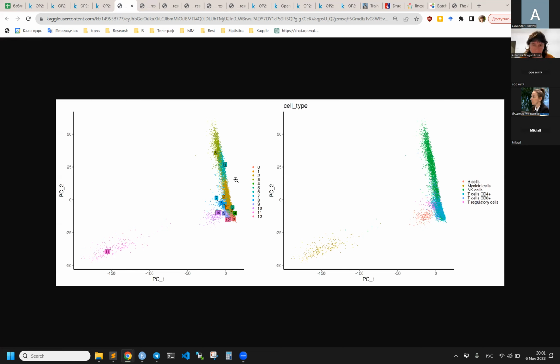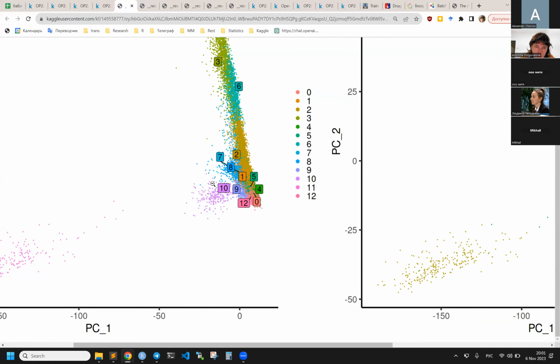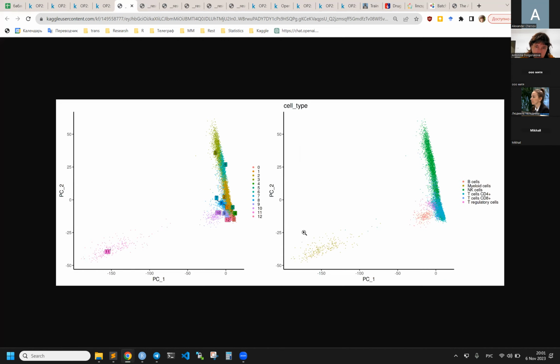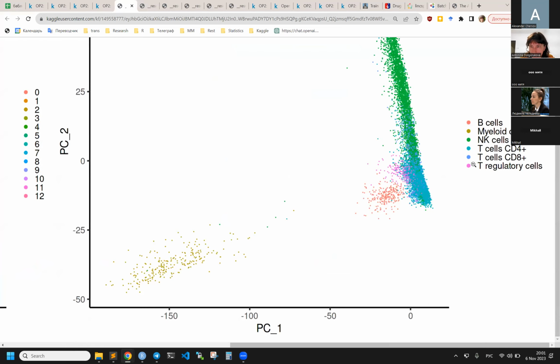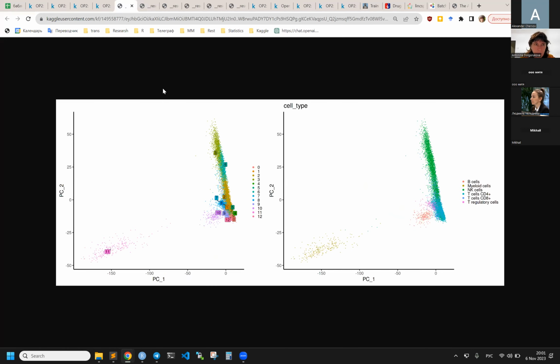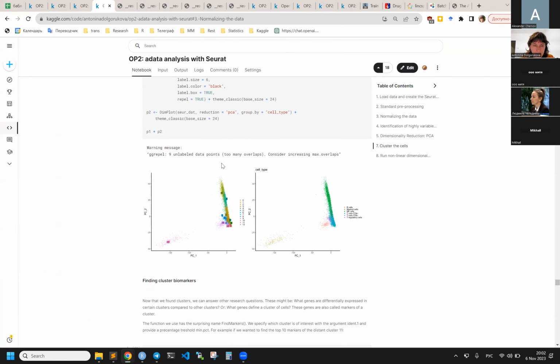I would say like this. It's my explanation. And here, another interesting thing, we can now differentiate B cells too. This 10th cluster here, red, is B cells. So myeloid cells as well as B cells without any control are very different from other cell types. That is what our analysis just told us. Any questions?